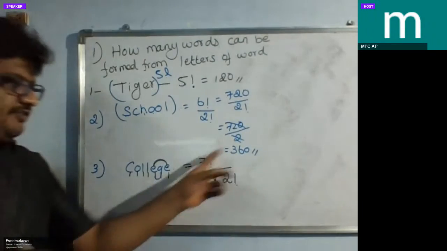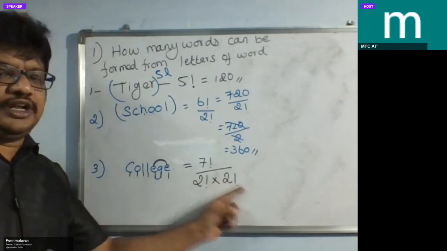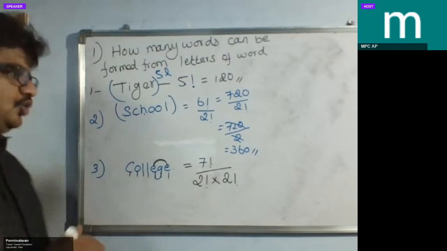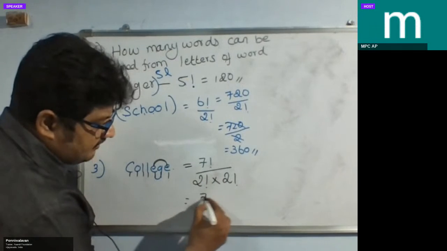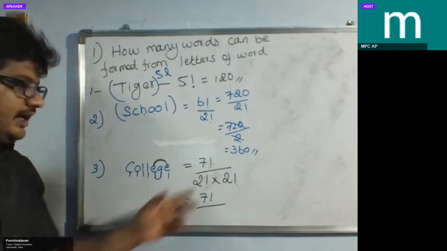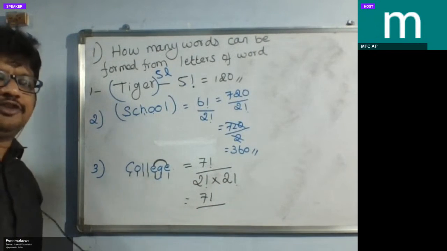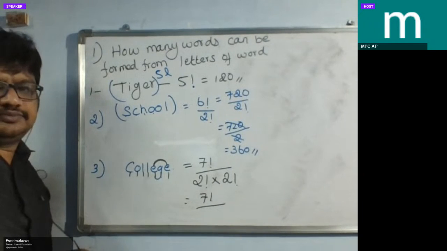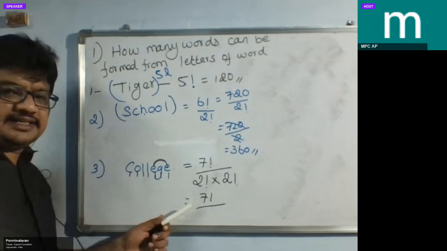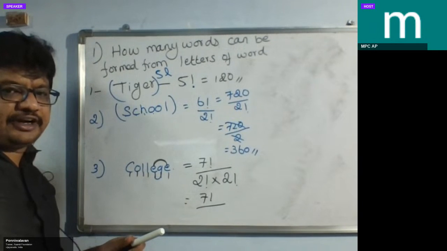So 7 factorial divided by 2 factorial into 2 factorial. Can we write this as 7 factorial divided by 4 factorial?